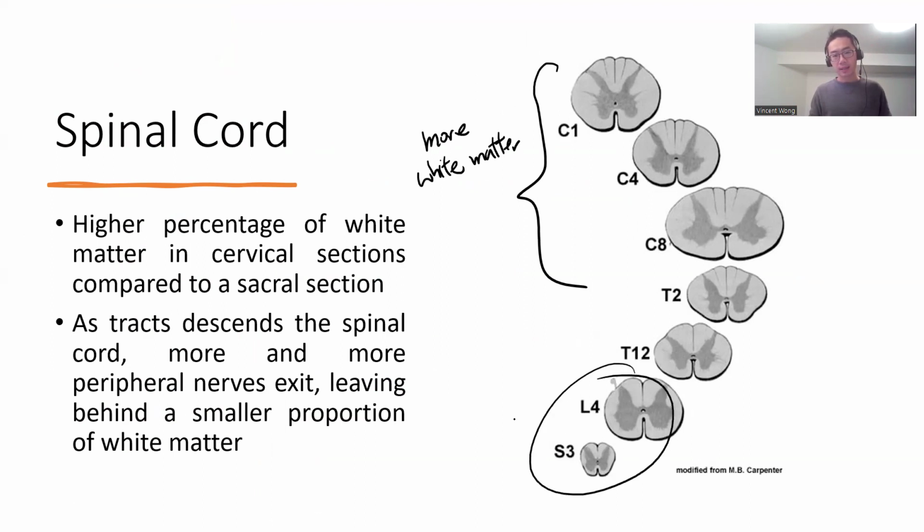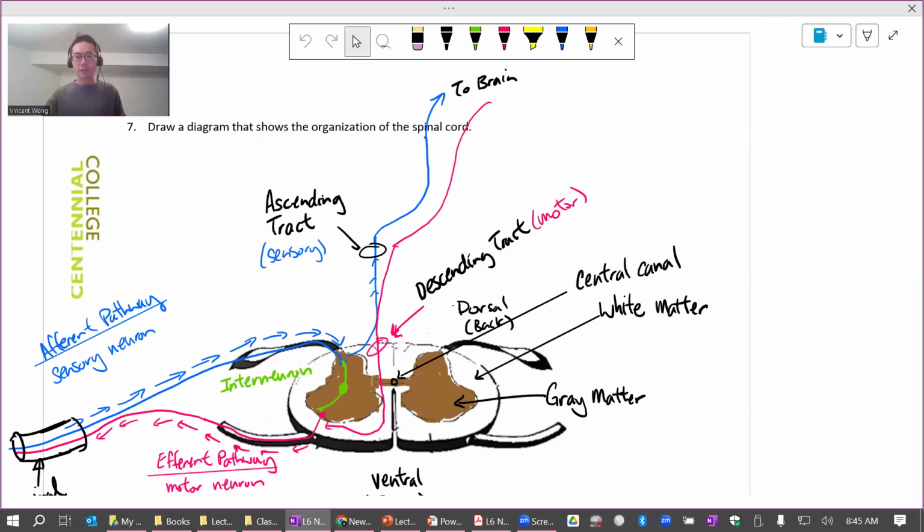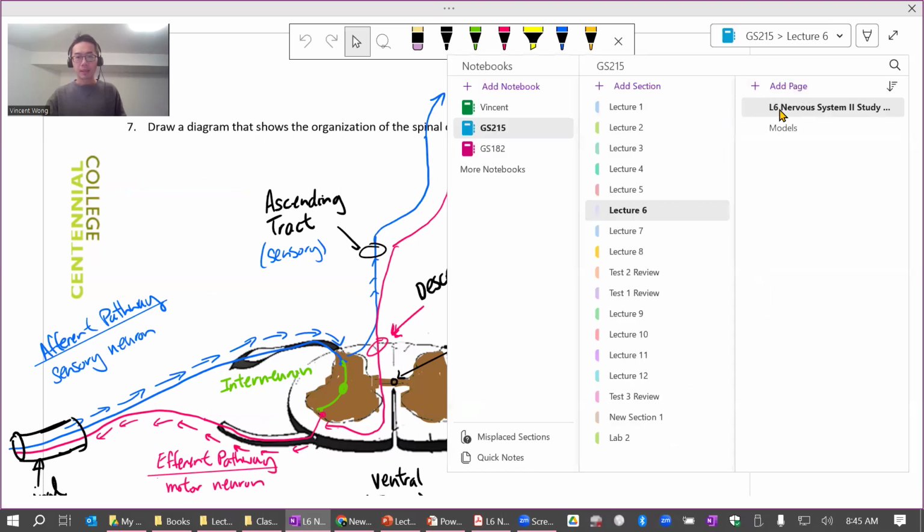So these sections have less white matter. And why is that the case? I'll try to explain this to you with a picture. Sometimes it's confusing, but I'll try.